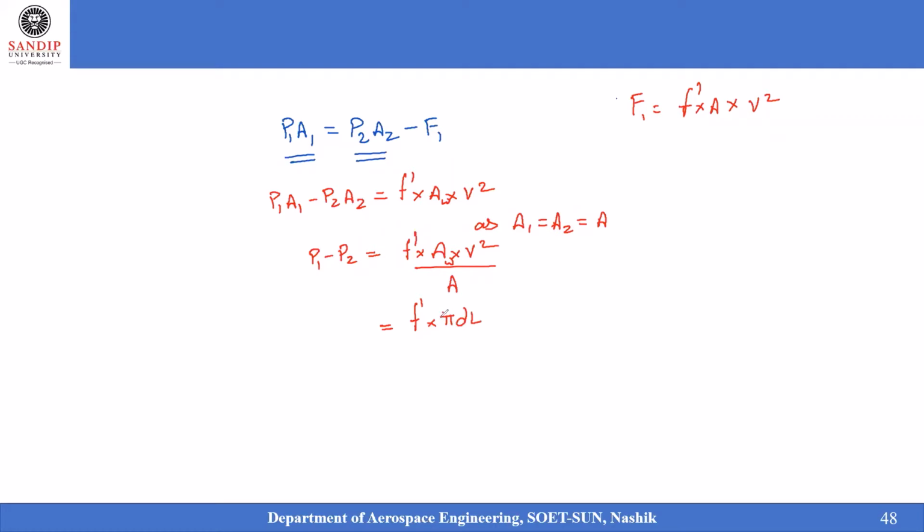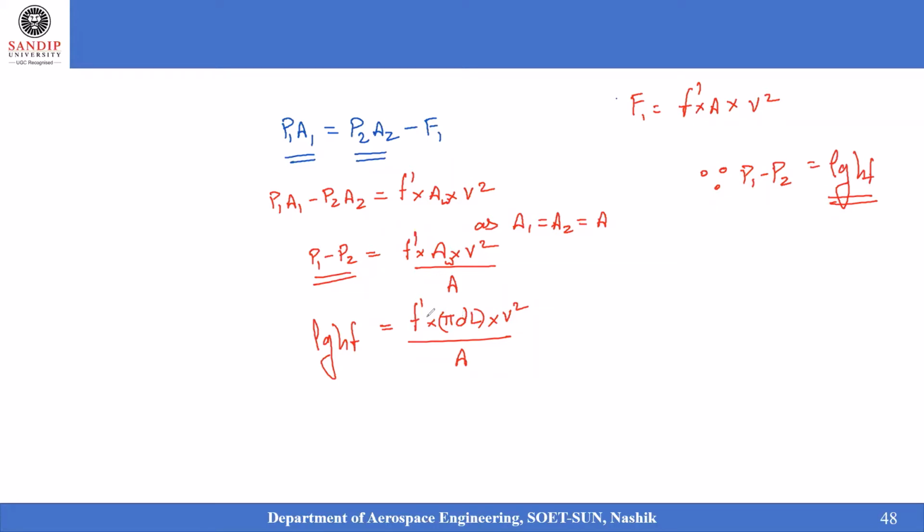So that is pi d into L, the circumferential area, pi d into L into V square, that is the velocity square, divided by A. Now here in this one, if you see P1 minus P2, initially we have obtained that P1 minus P2 is equal to rho g HF. So we have already obtained an expression in terms of rho g HF.